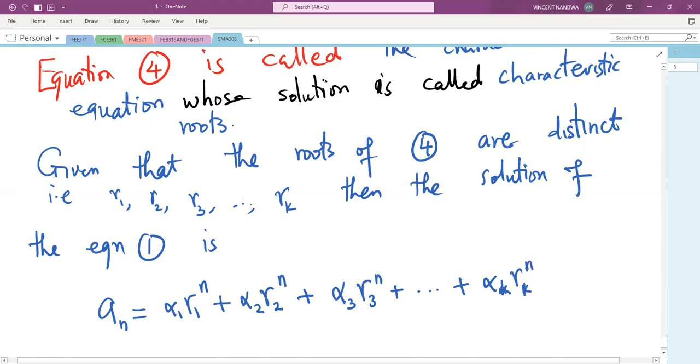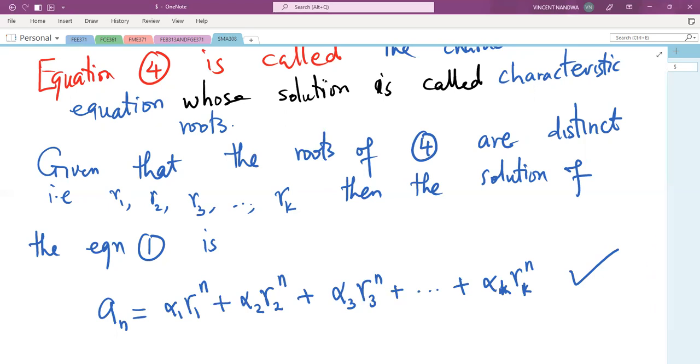So this would be the solution for the given equation 1, assuming that it has k different roots, r1, r2 up to rk.